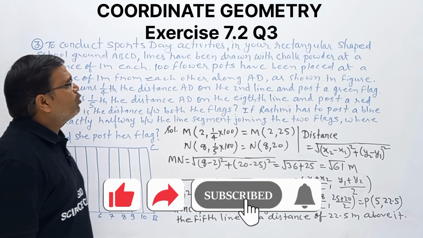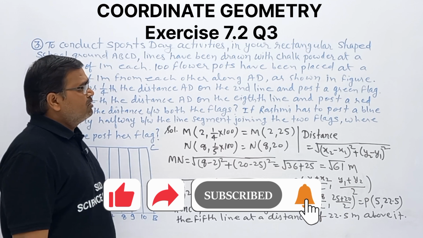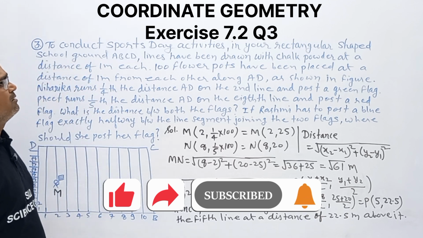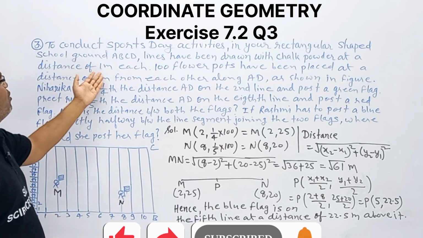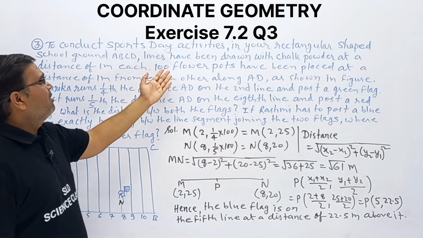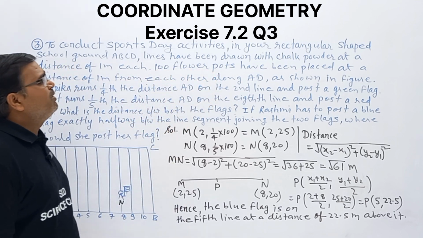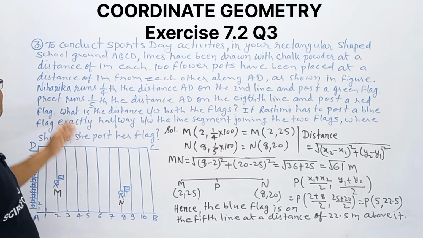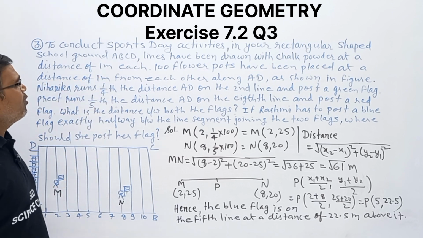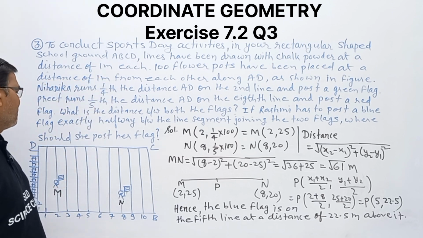Lines have been drawn with chalk powder at a distance of 1 meter each. 100 flower pots have been placed at a distance of 1 meter from each other along AD.